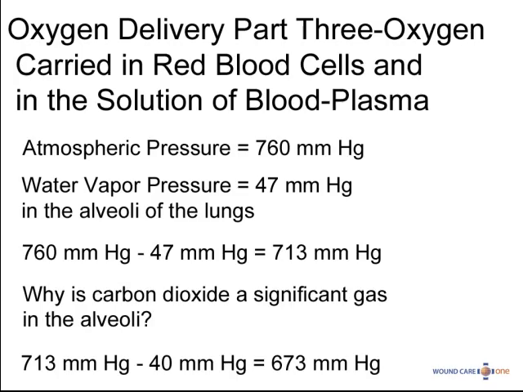The trace elements in the air like argon, helium, hydrogen, methane, and ozone can and should be ignored for calculation purposes. These are ignored because these numbers are very small. The significant gases present which affect pressure in the alveoli are nitrogen and oxygen.